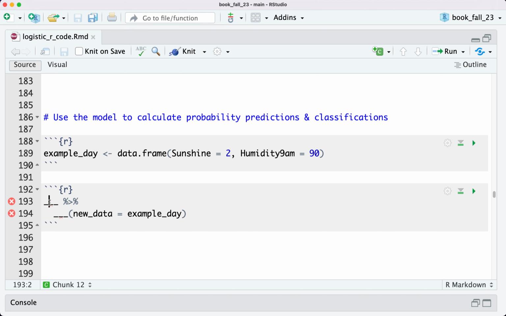So to make a prediction, I need to take my model, because I'm going to use the information in that model to make the predictions. And then to make the predictions, I can use the augment function. So I'm going to augment the information in my model for the new data. Here, the new data is just that example day that we defined above.